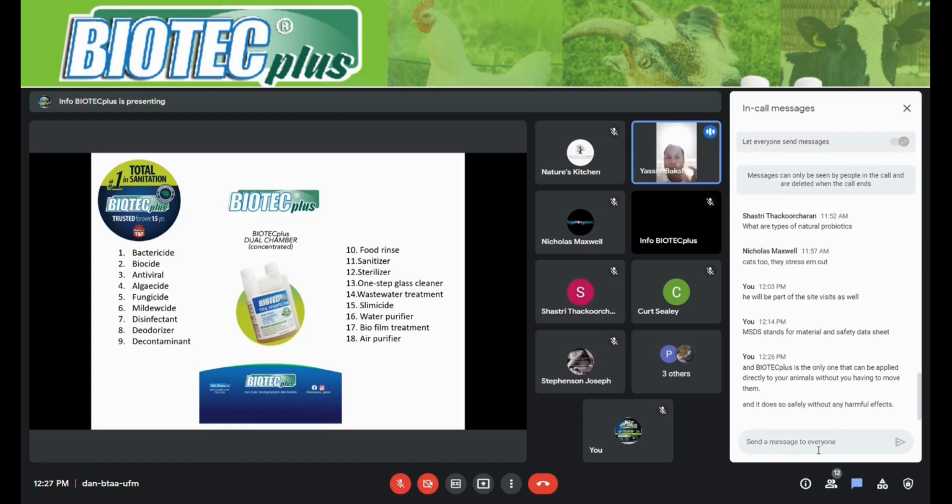You apply it onto the skin of the animal or the feather of the animal, and it gets rid of all the pathogens that will be on the surface of the animal. It's completely harmless. And as you will see here, it is also an air purifier and deodorizer, so it reduces the smell. So let's touch on the 18 points here.